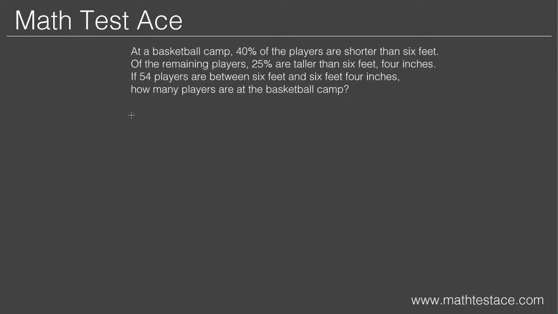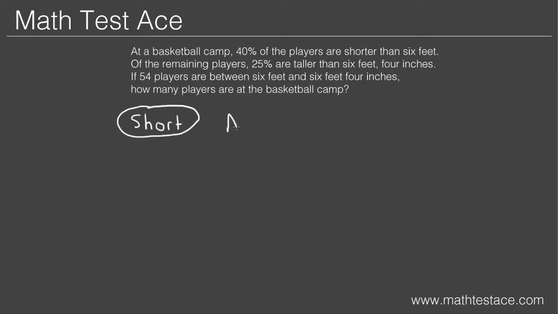Let's break the basketball players into 3 groups. The first group is the basketball players who are shorter than 6 feet. We're going to draw a circle, and we're going to call these the short players. The next group is the players between 6 feet and 6 feet 4 inches.